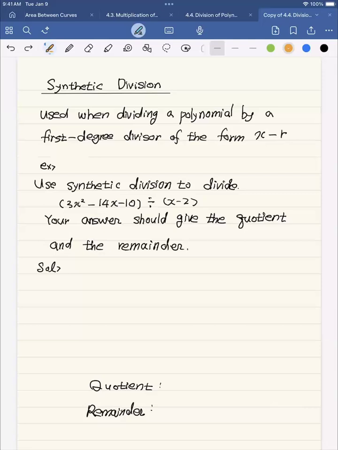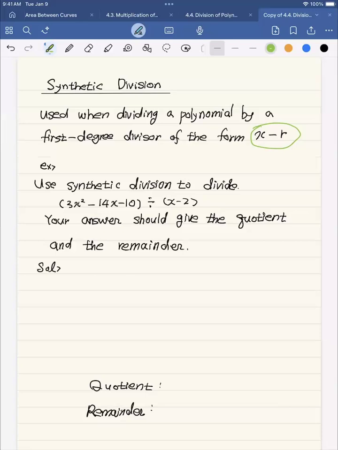Synthetic division is used when we divide by a first degree polynomial that can be written as x minus r. Let's do some examples. Use synthetic division to divide 3x squared minus 14x minus 10 by x minus 2.